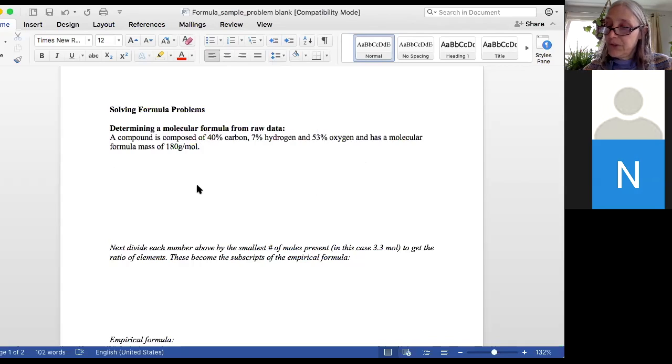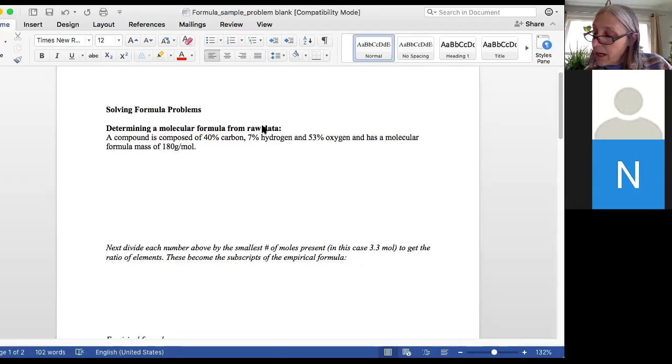All right, so the first step in solving a problem like this is we have to calculate the empirical formula. We've got percent by mass. Because carbon, hydrogen, and oxygen have different molecular weights, we can't get the ratio directly from this information.